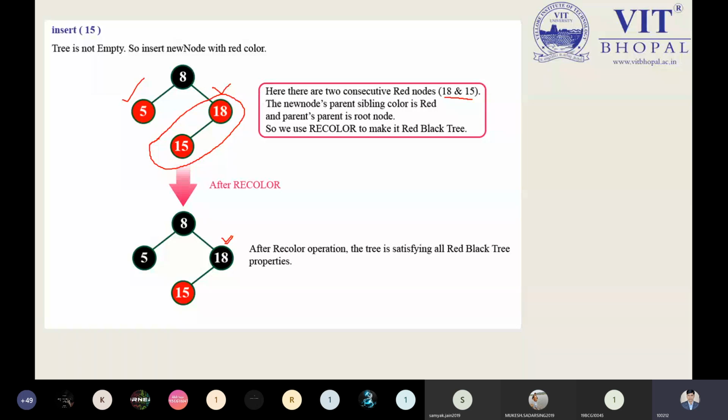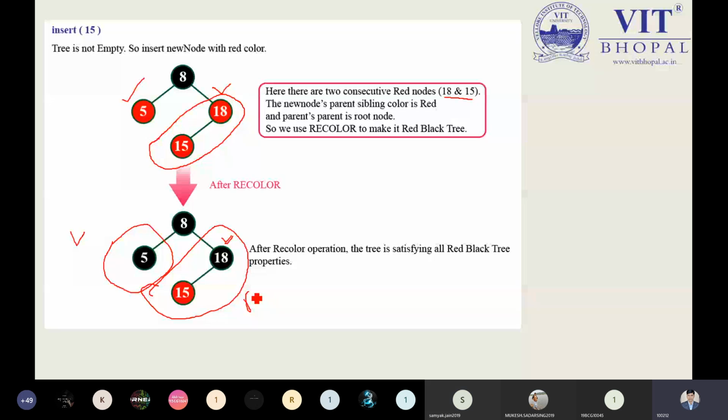Now please keep in mind, I am going through it once again for an easier solution. Can I divide this tree into a right subtree and a left subtree? This is a left subtree and this is a right subtree. Yes.